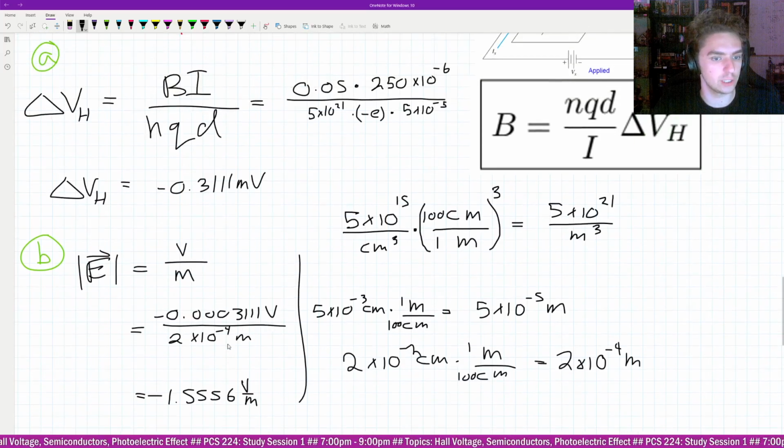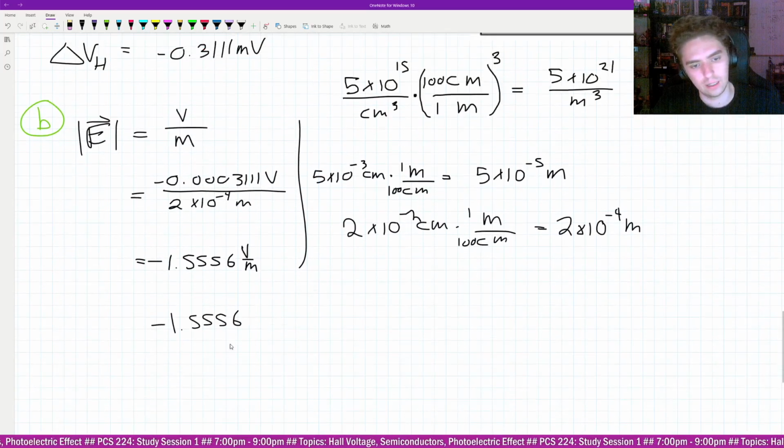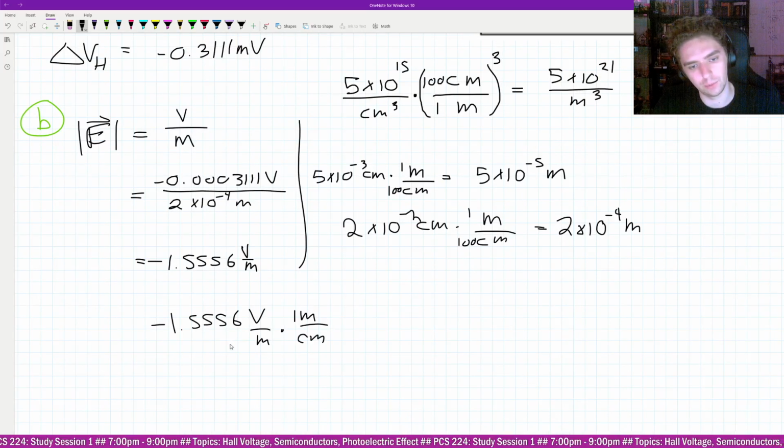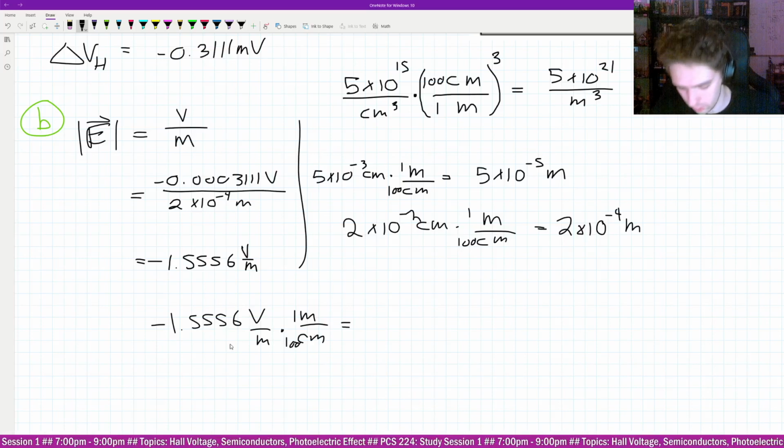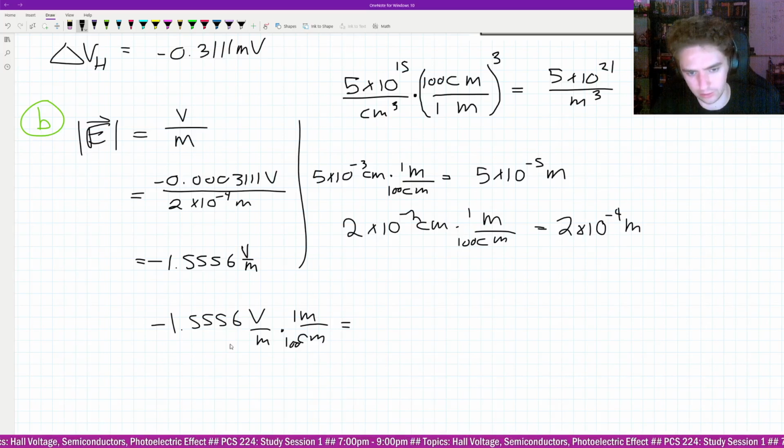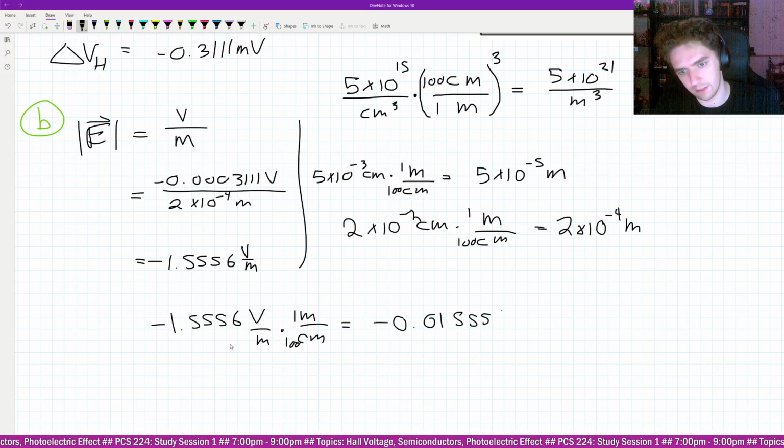Do I just take the absolute value of the voltage? Let's see. Volts per meter times meters per centimeter. 1 meter has 100 centimeters, so answer divided by 100. Yeah, of course, I should have just paid attention. Negative 0.015556 volts per centimeter, which is correct.